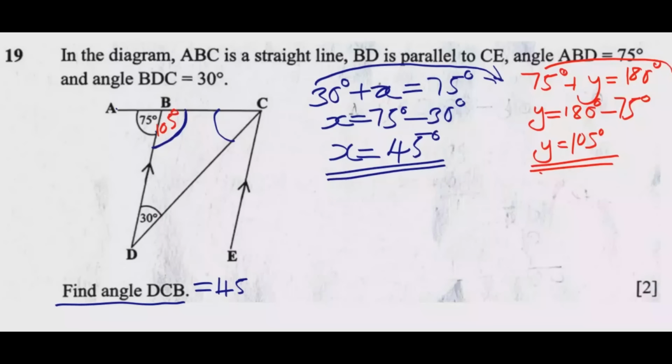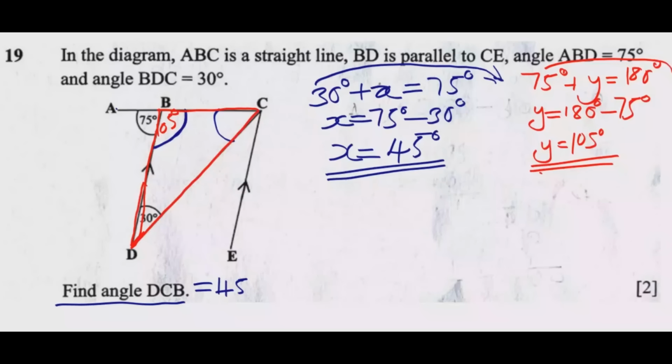Now that we have found 105 degrees, we can concentrate on this triangle. We can use the property that the sum of interior angles of a triangle is 180 degrees.